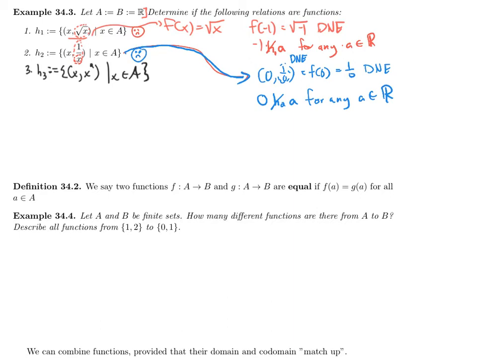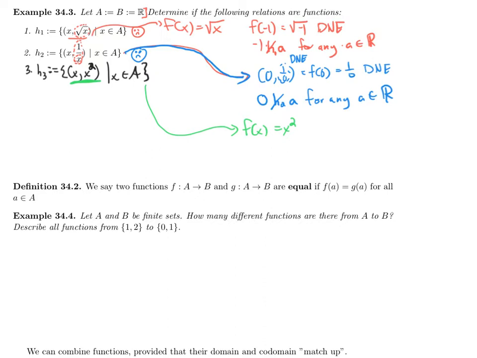What about the third one? What about H3? Well, this one, let me make it clear, this is a square. Well, now our function is f at x equals x squared. That's the function notation for that ordered pair.